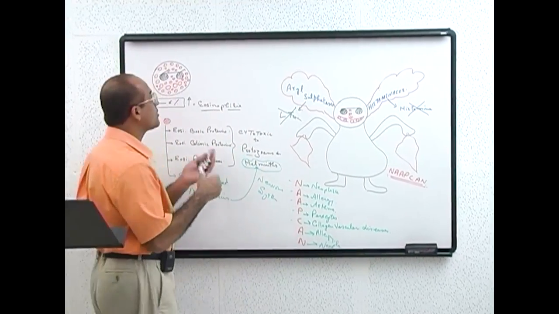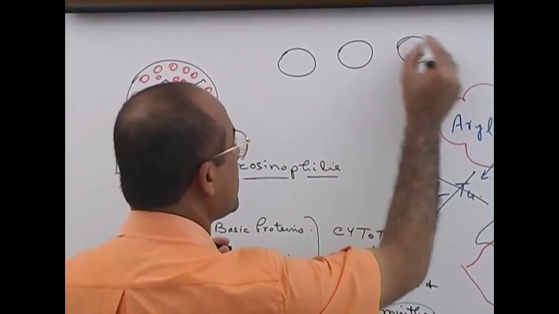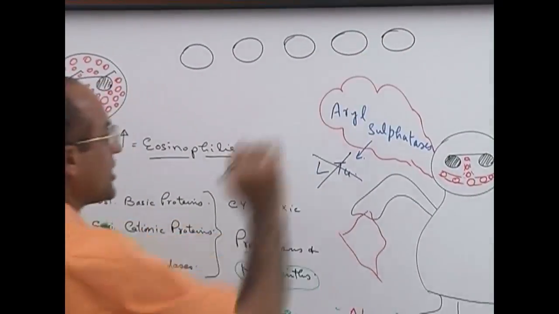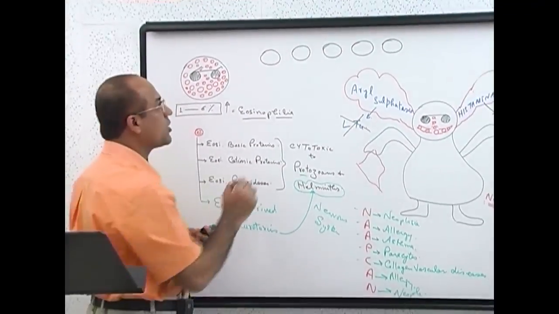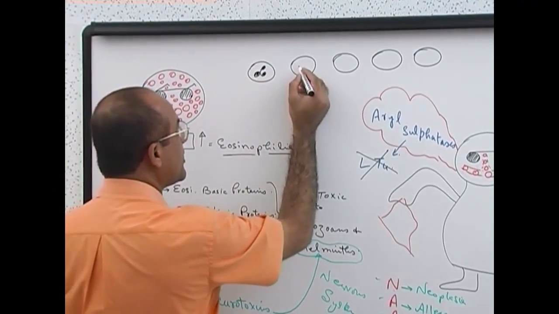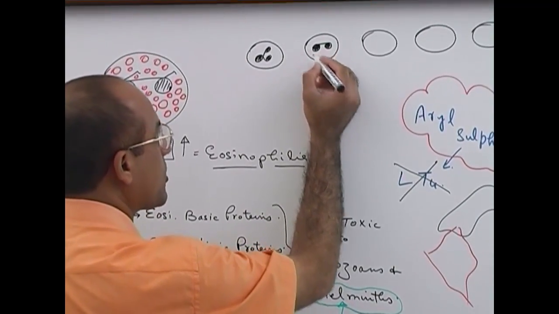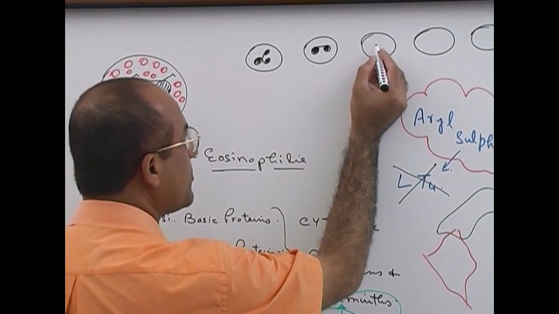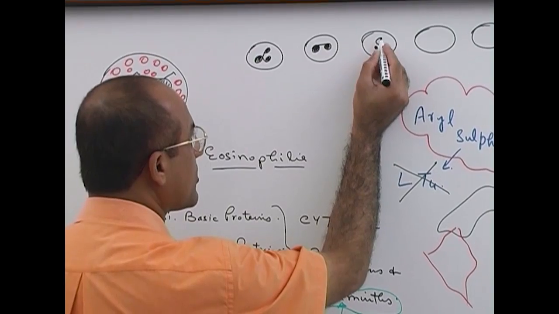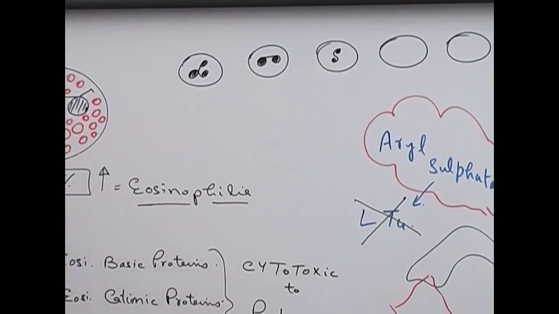So we can compare these 5 white cells and differentiate them by their nuclei. Neutrophils have a multi-lobed nucleus, eosinophils classically have a bilobed nucleus, and basophils have an S-shaped nucleus.